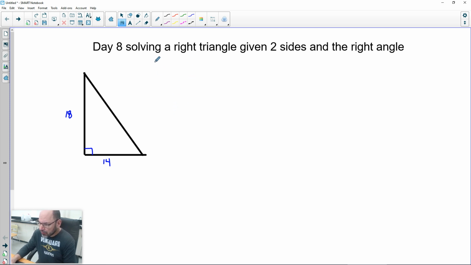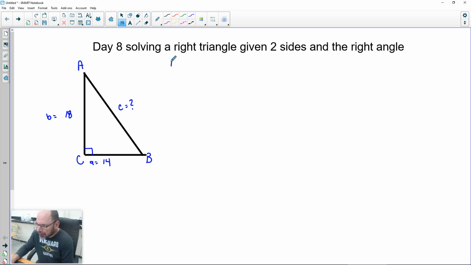So step 1 is to choose an angle and mark it. All right, let's label these ones. Let's go A, B, and C. And then we'll call this side B, this side A, and this side C, which we don't know.